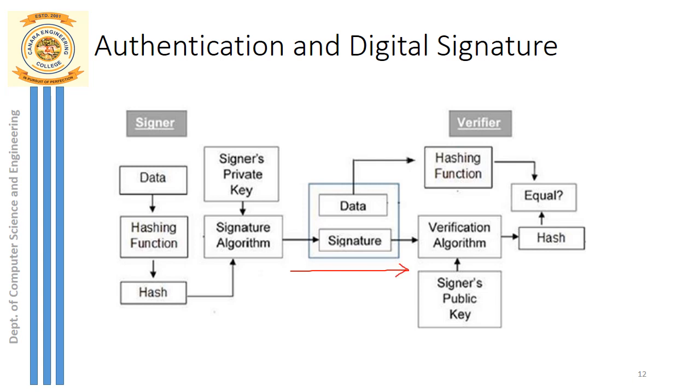So once the data and signature are received by the receiver, the data will be again fed into the hashing function at the receiver side, and the signature is then verified along with the verification algorithm by using the signer's public key at the receiver side.